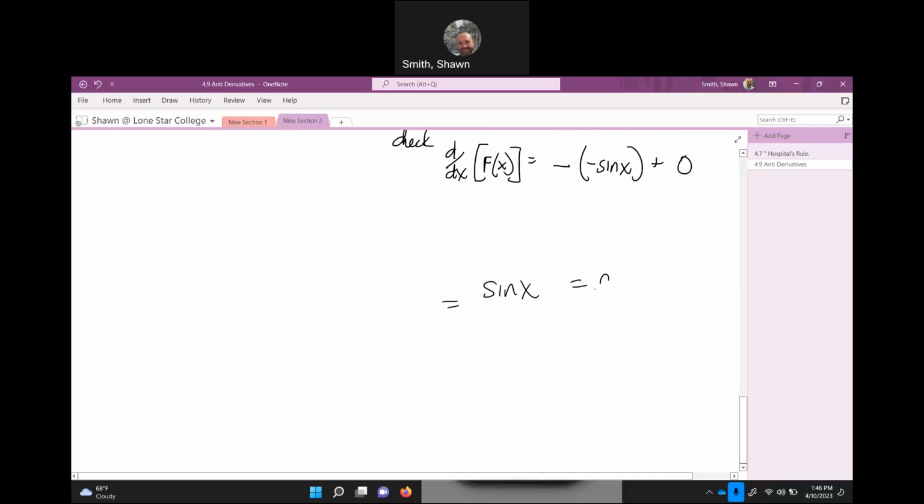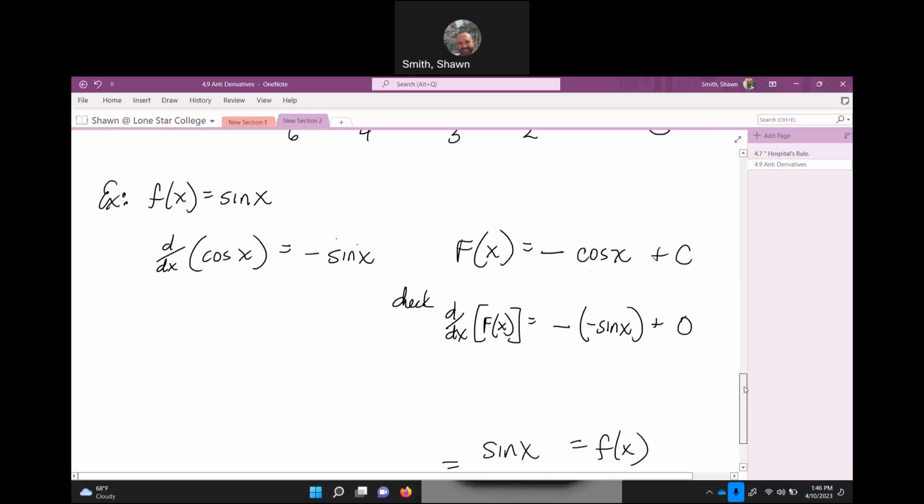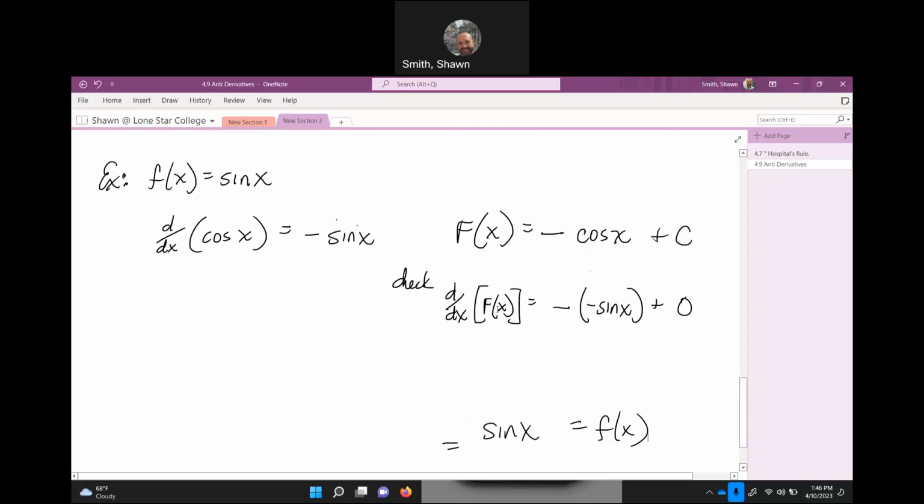Which is the f of x. So your trig function ones are a little tricky, okay? Because a lot of times the trig function ones aren't in exactly the format that you know they're derivatives of, so it's a little bit of manipulation sometimes.